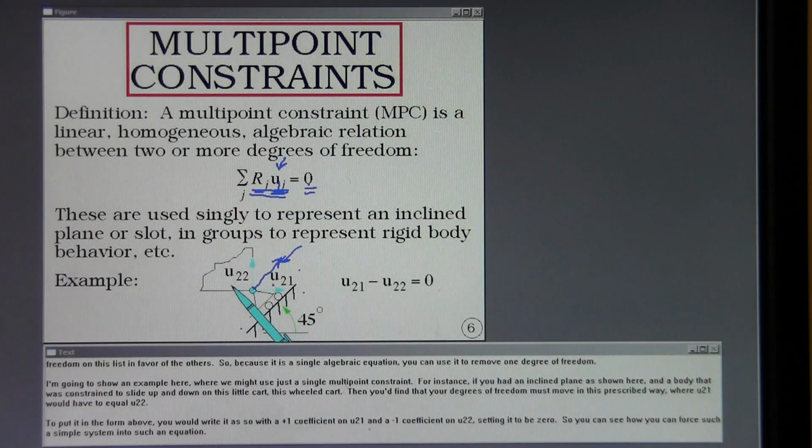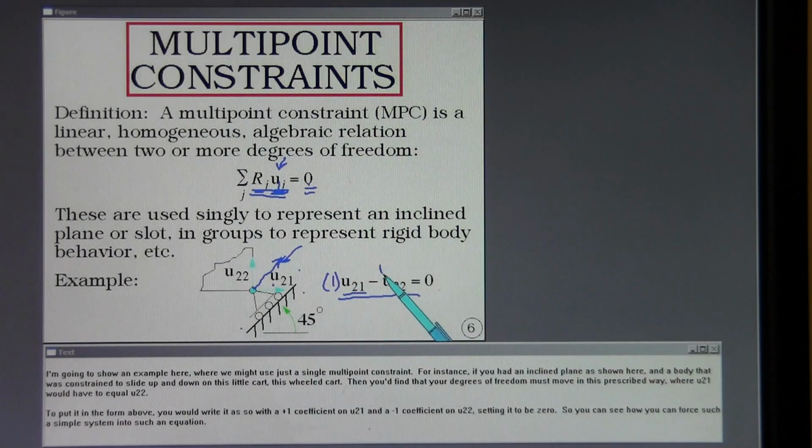To put it in the form above, you would write it as so, with a positive 1 coefficient on U21 and a minus 1 coefficient on U22, setting it to be 0. So you can see how you can force such a simple system into such an equation.